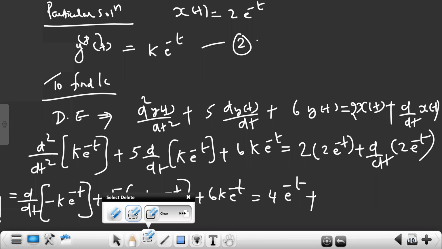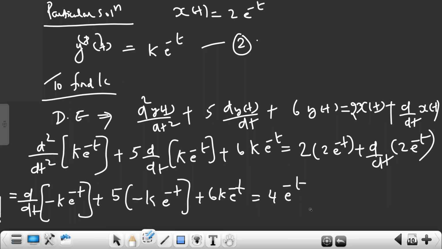It will become minus, because derivative of minus 2 e to the power minus t. Derivative of e to the power minus t is minus e to the power minus t. That is why I put minus over there. 2 is constant.